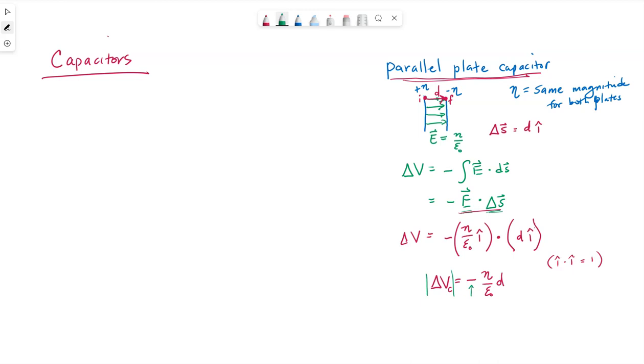The delta V, if we go from the positive plate to the negative plate, is always going to be negative. So typically, when we talk about delta V for a capacitor, we talk about absolute value, and we do so without writing the absolute value signs. This equation is specific for a parallel plate capacitor.